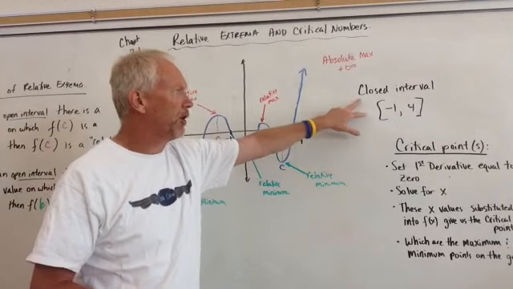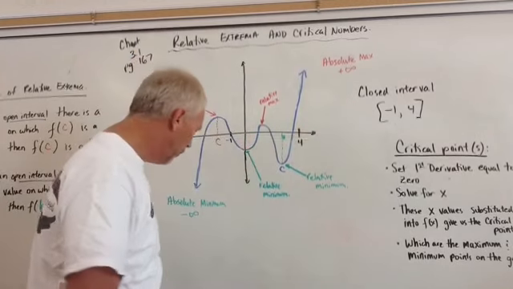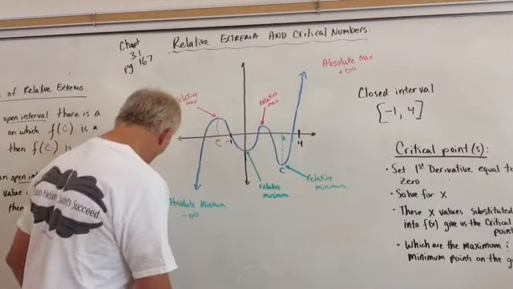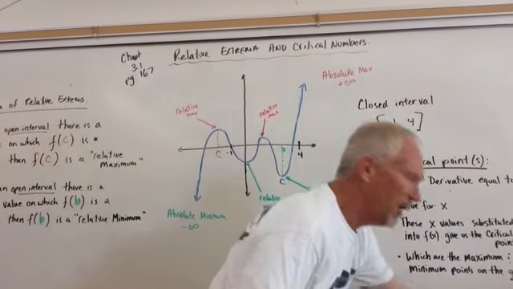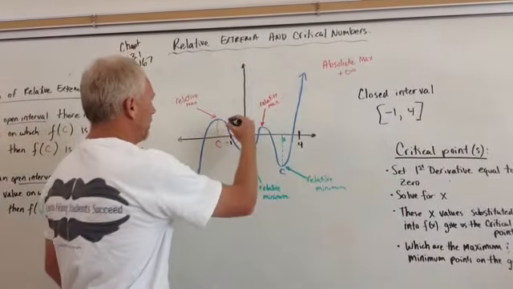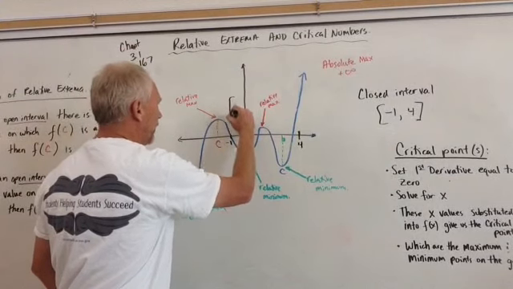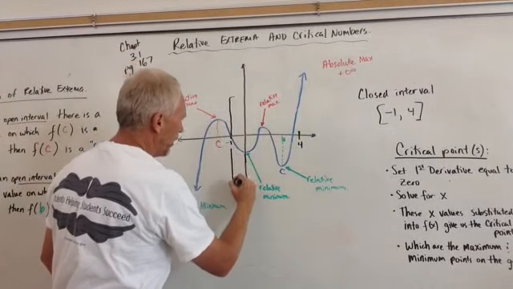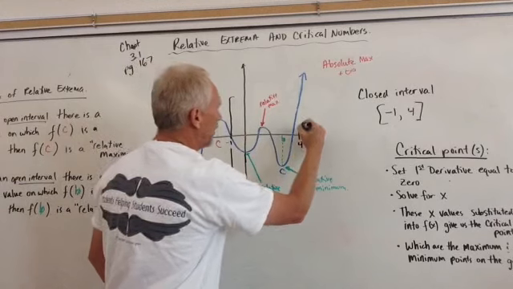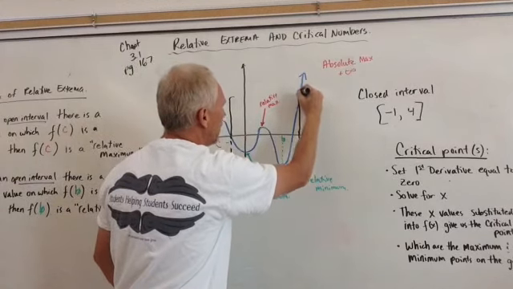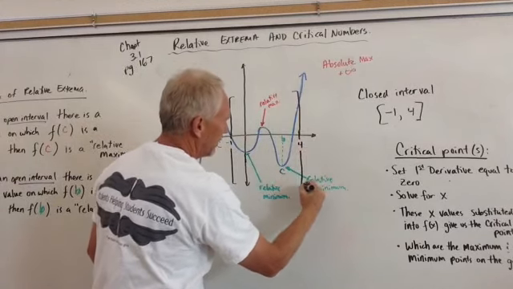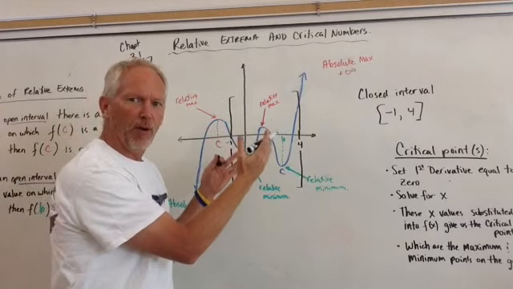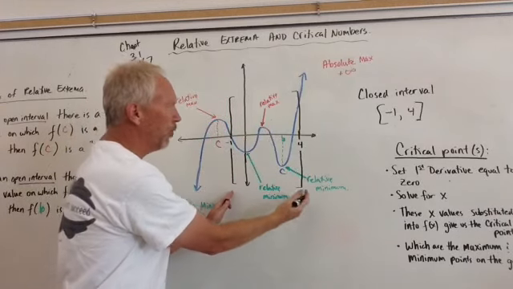So what we have here is a closed interval from -1 to 4. And essentially what I would end up doing is at -1 here, I'm just going to draw a straight line, because now I'm going to close this interval. I'm going to close this interval now from -1 to 4.